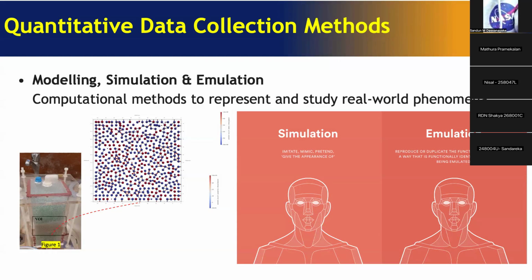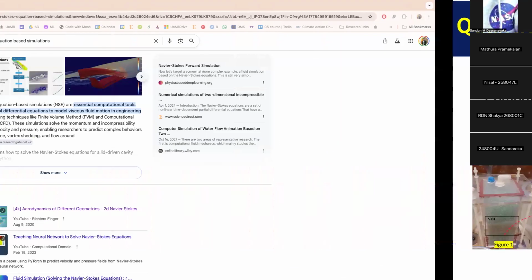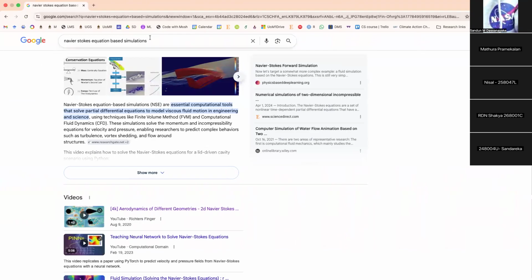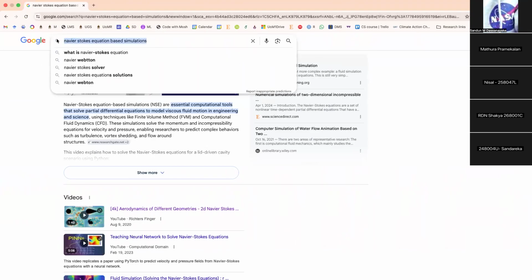In the case of emulation, it is sometimes more complex than simulation, because you have to exactly develop a functionally identical system of the thing being emulated. Those who are working in electronics engineering or systems in computer cybersecurity, you can read about emulation. If you are interested, just find what is emulation.